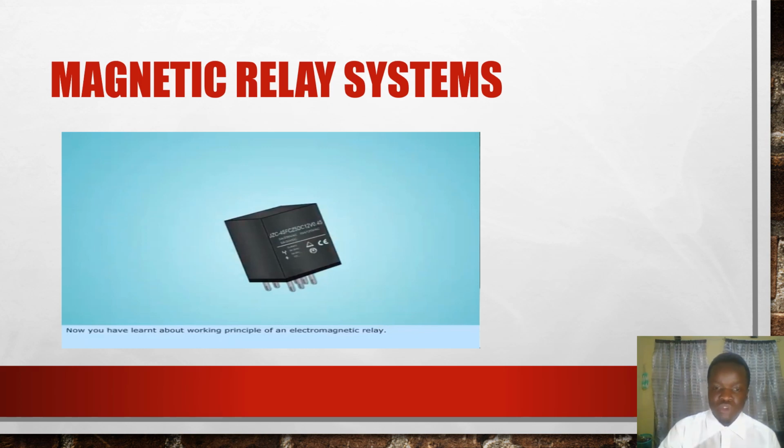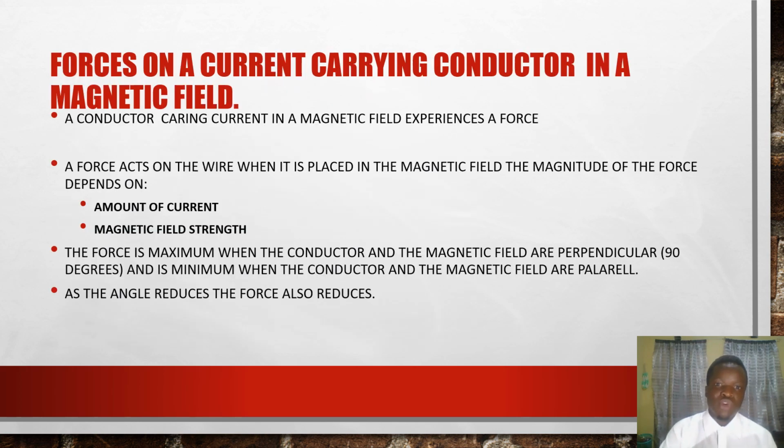In our next class, we will be looking at forces on a current carrying conductor, and we will see how the amount of current and magnetic field strength affect the force on a wire placed in a magnetic field.